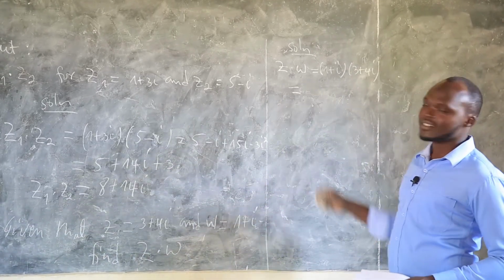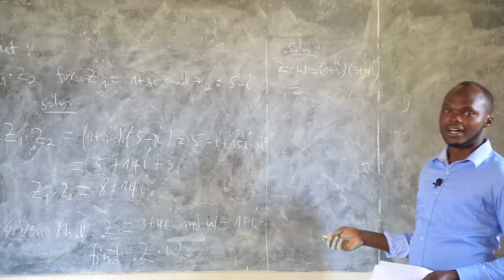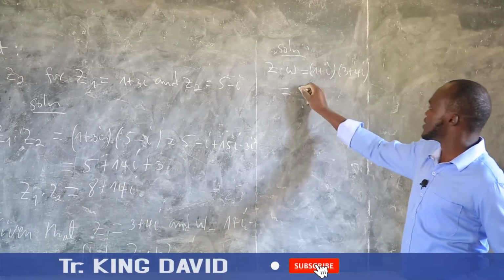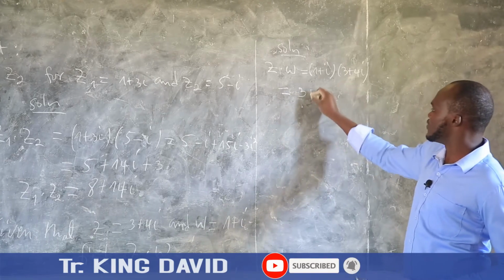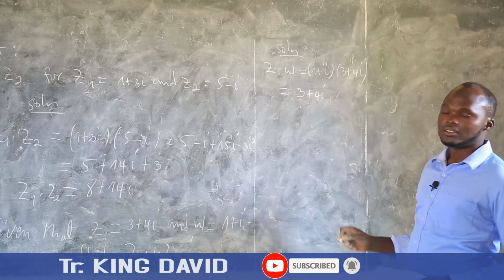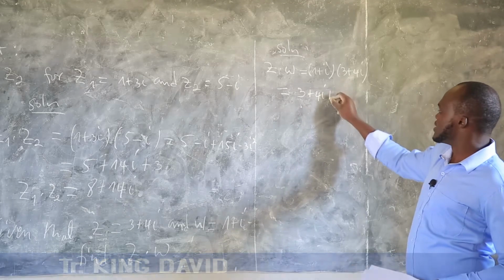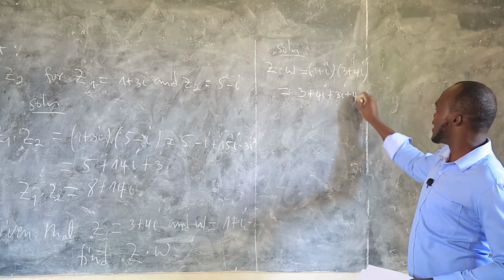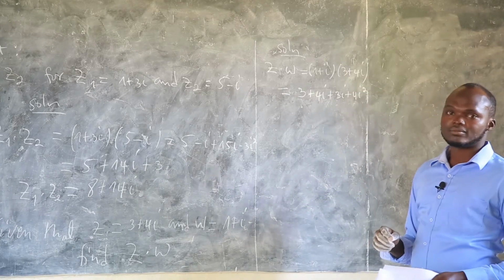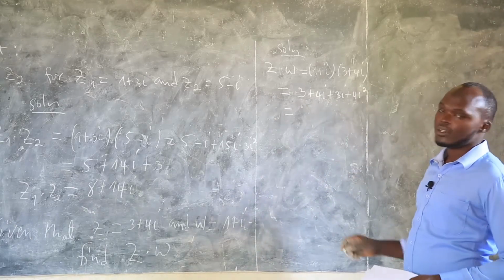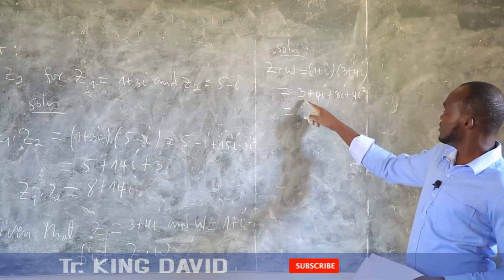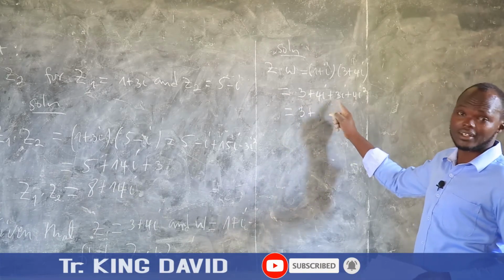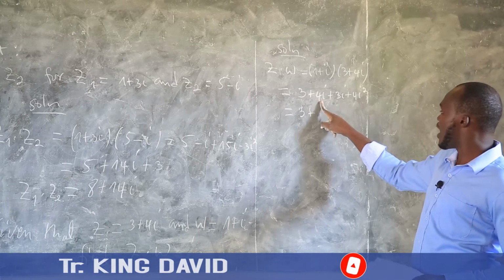So now it is just a matter of expanding. And remember that i squared equal to negative 1. 1 times 3, it is 3. 1 times 4i, that's 4i. Then i times 3, that is 3i. i times 4i, that is 4i squared. So here, we take 3 plus, this is imaginary part, 4i and 3i.